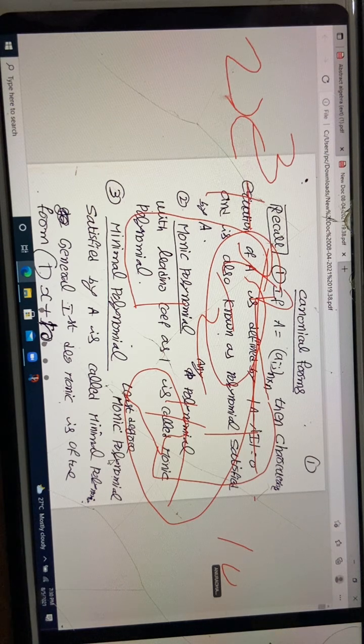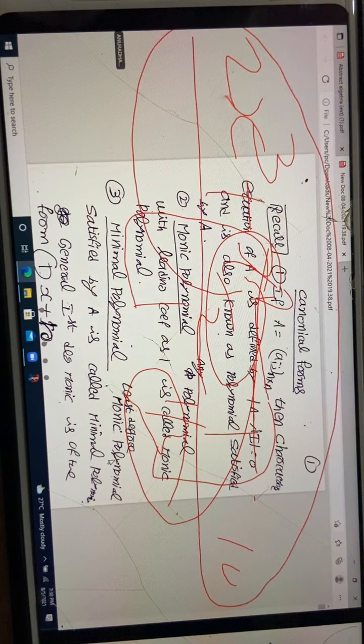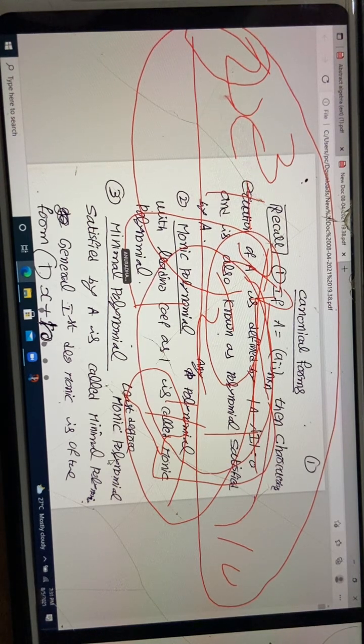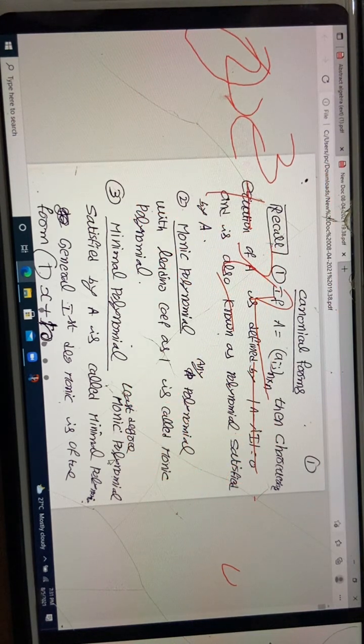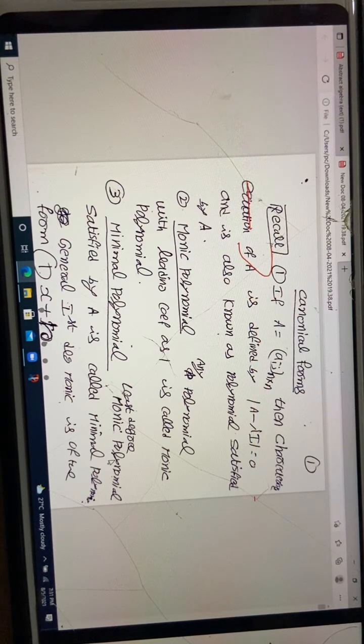This is a characteristic polynomial, but not a monic polynomial. Why not monic? Because the leading coefficient is not 1. So if the entries in the matrix are rational numbers, then in the characteristic polynomial the coefficient need not be 1. But if it is 1, such a polynomial is called a monic polynomial.